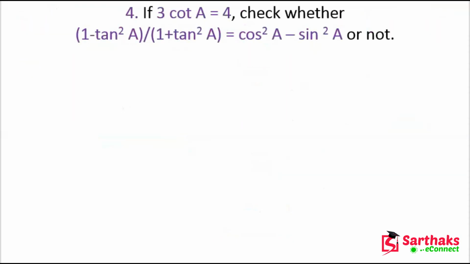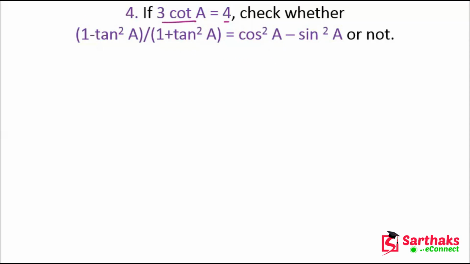The next question is, if 3 cot A is equals to 4, check whether 1 minus tan square A upon 1 plus tan square A is equals to cos square A minus sin square A or not. Let's see that.